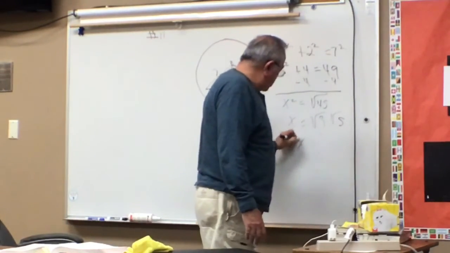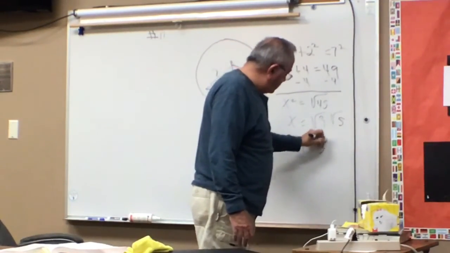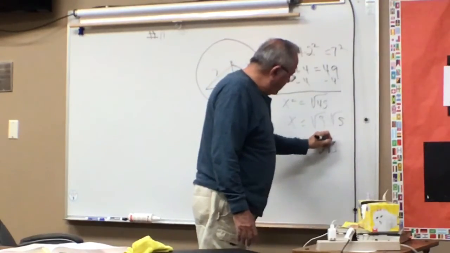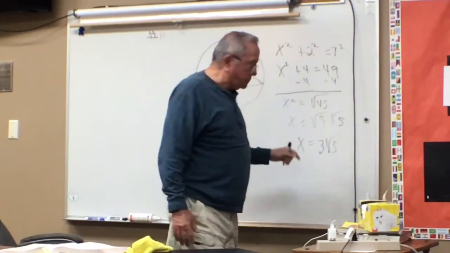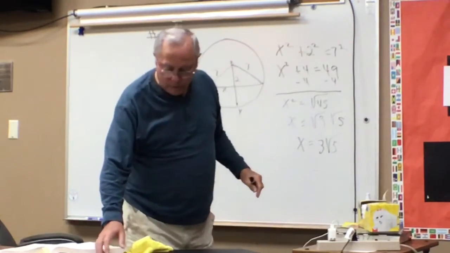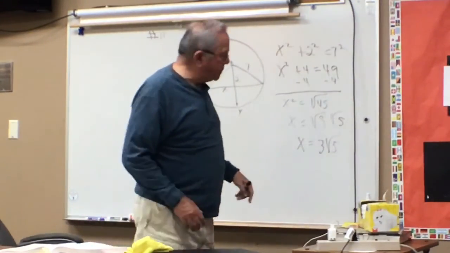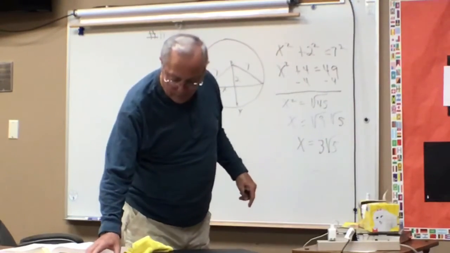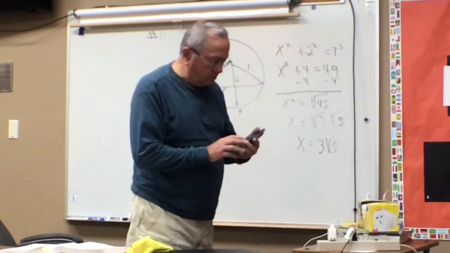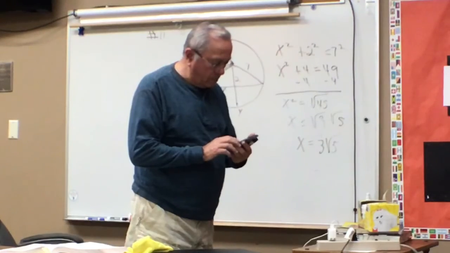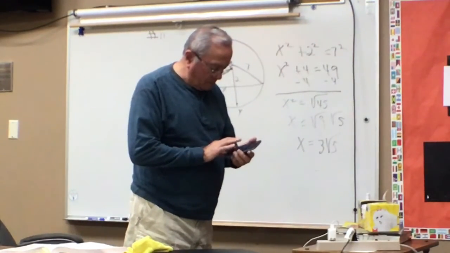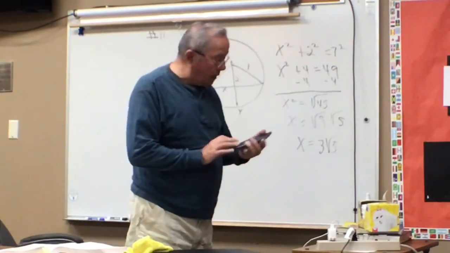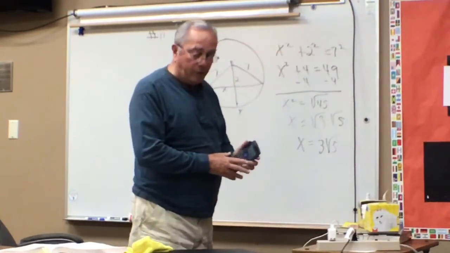So x equals 3 times the square root of 5. A lot of you people have the calculator can do that. Or you can do just the square root of 45, which is just about 6.7. Let's see if I've got one of these things that works. Yeah, this one here brings it up to 3.5.